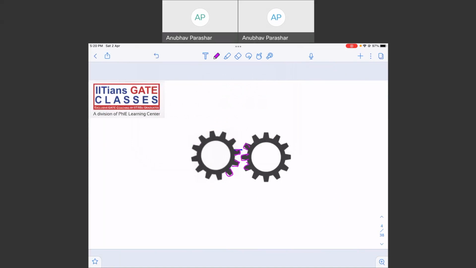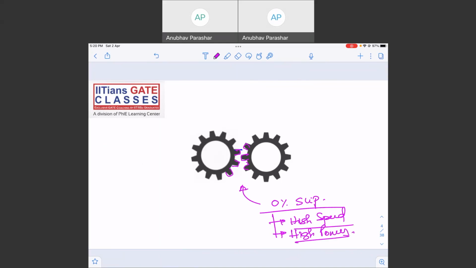They will mesh with each other, so in this case there is no slip possible. 0% slip, be it high power or low power, even at high speed and high power transmission.